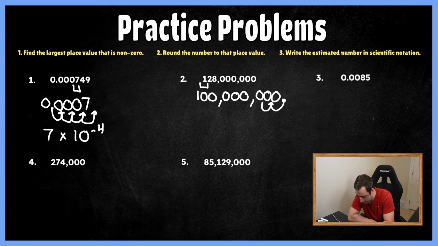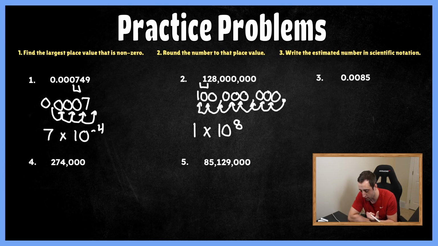So once, twice, 3 times, 4, 5, 6, 7, 8. So this will be 1 times 10 to the positive 8, going from a very large number to a smaller number. In return, the power does the opposite and increases. So final answer as an estimate, 1 times 10 to the 8th for number 2.